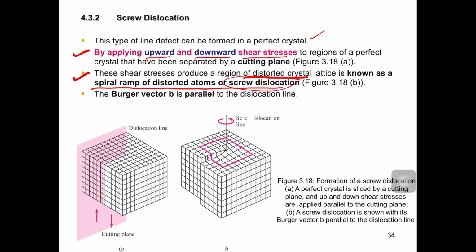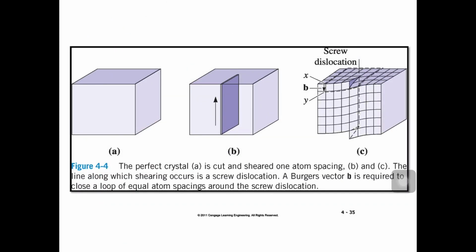You cut, for example, this one, and then you pull up, you twist, outward and downward, applying the force. And this is a schematic for the screw dislocation. So this looks like the screw dislocation. The example is a perfect crystal, and then you cut and shear one atom spacing.